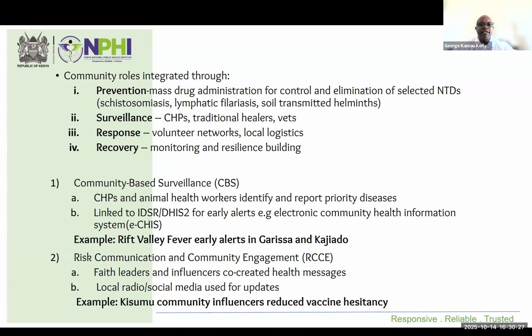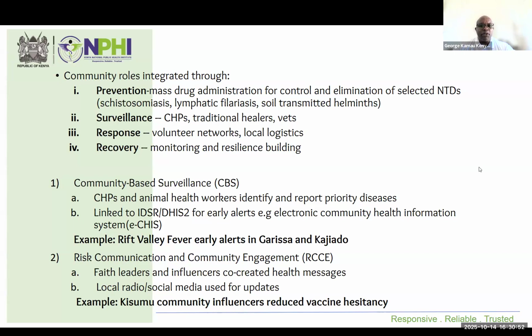And in surveillance, we are able to engage the community health promoters, even the traditional healers, even the vets, such that they report on any unusual event. If they see animals that are dead or any unusual event in the community, they report that in the system where it's picked up as a signal, and we then have to verify whether the signal is true or false.